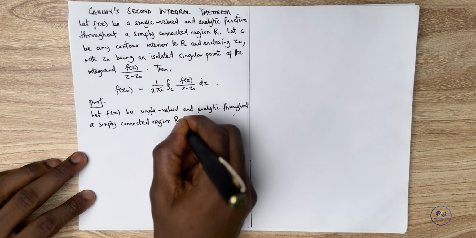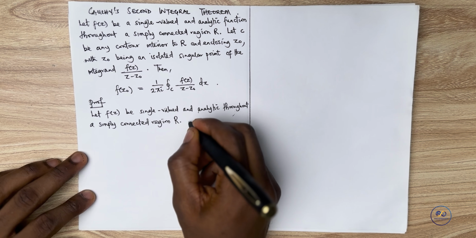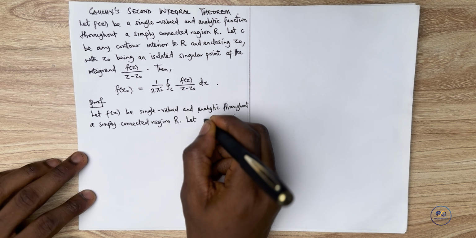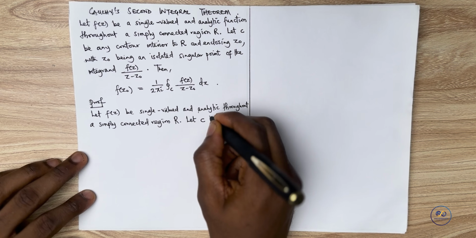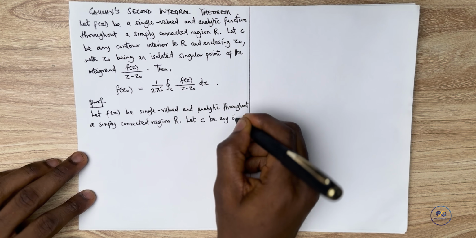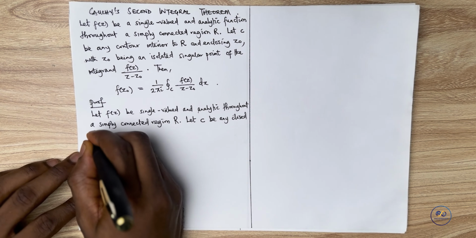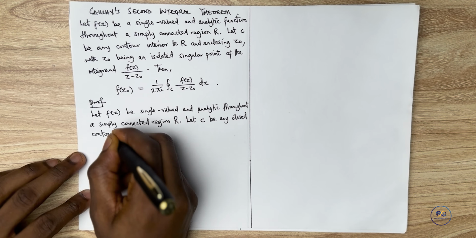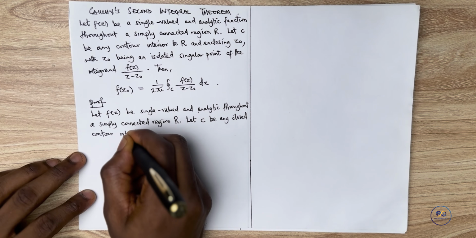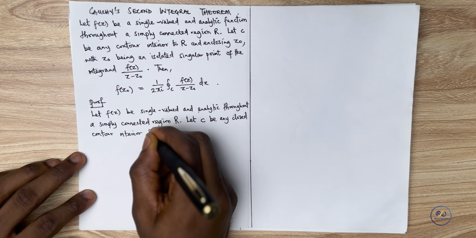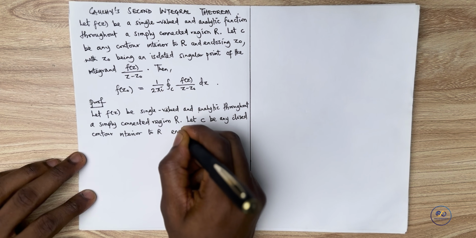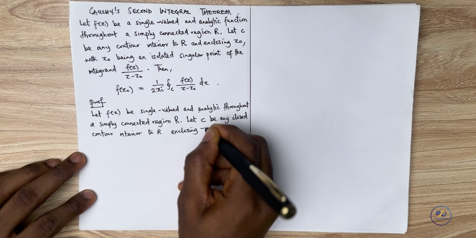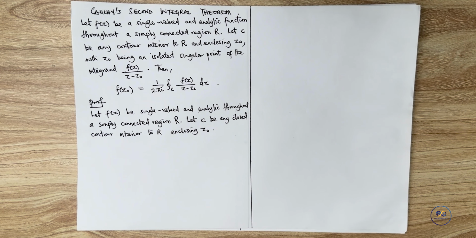Now, for this region, we have a contour C that is completely interior to R and enclosing z0, which is, of course, an isolated singular point.